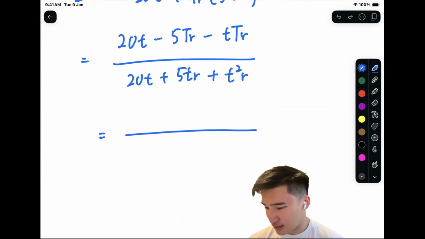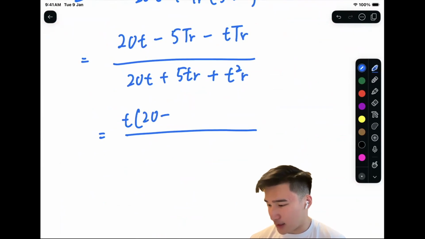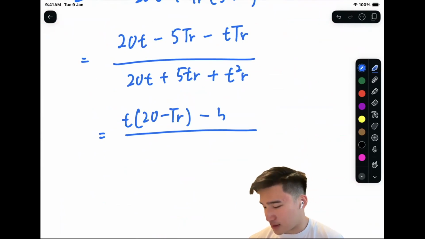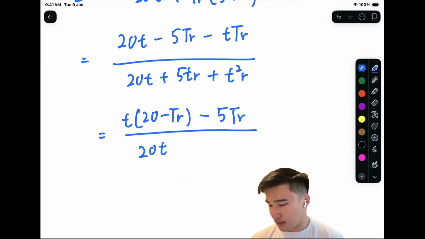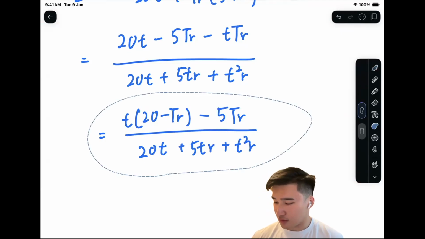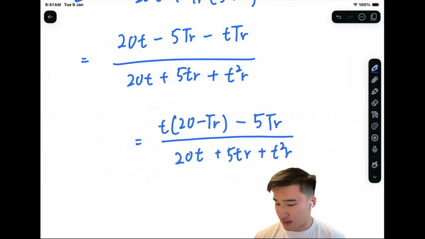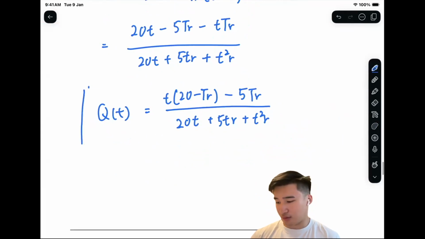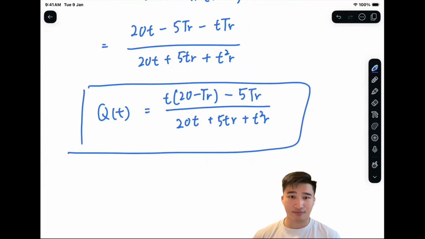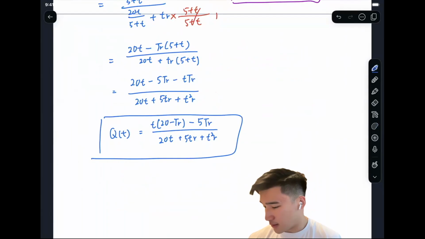So we have T taken out, and therefore we have 20 minus TR minus 5TR, big TR, and then we have 20T plus 5TR plus T squared R. So we have found that QT is equal to this one, okay? Okay, so this is the answer for A.